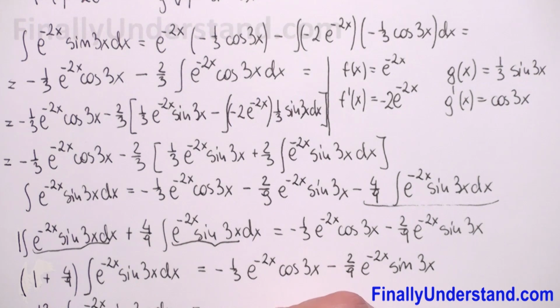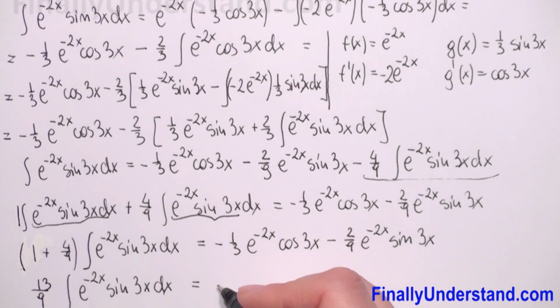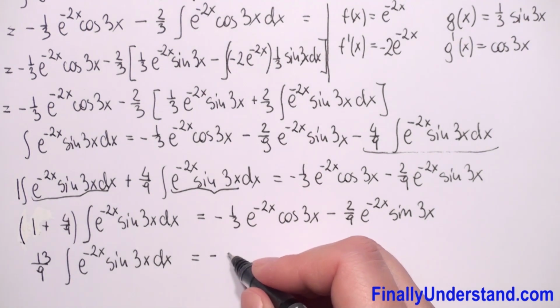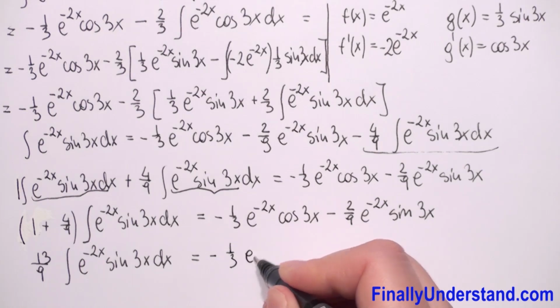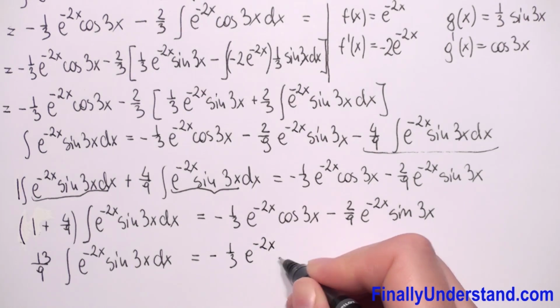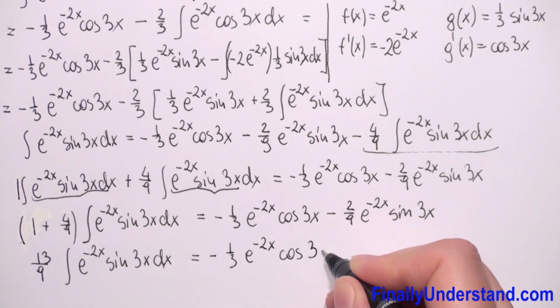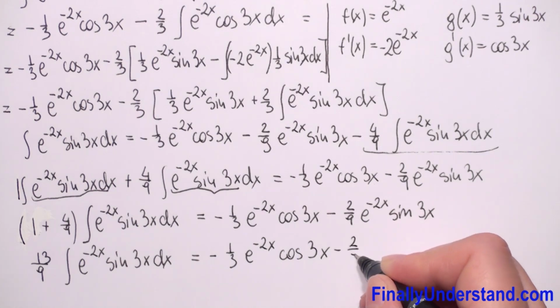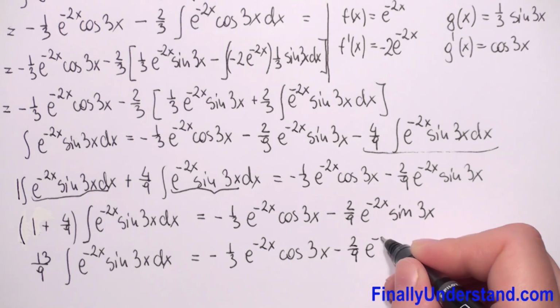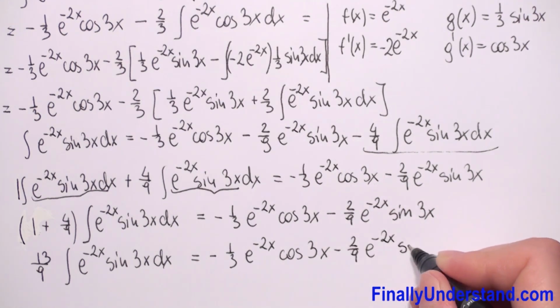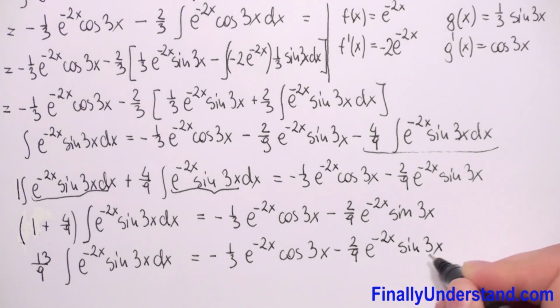And on the right side we just copy negative 1/3 e to the power negative 2x cosine 3x minus 2/9 e to the power negative 2x sine 3x.